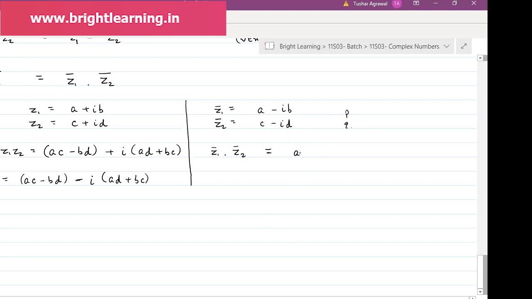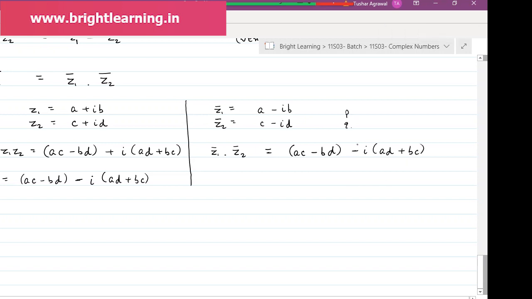AC, this minus minus will become plus only, so plus i square BD. So AC into positive i square BD. The positive i square BD is actually negative BD. This is the real part, and the imaginary part is minus i times AD minus i times CD. So minus i will be taken as common, and what will remain? AD plus BC.